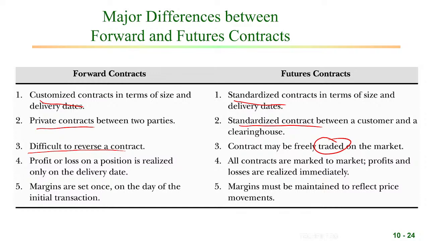And the profit or loss will be realized on the delivery date, whereas futures market is called marked to market. We'll talk about marked to market in a little while. And futures require margins, and there are two margins: initial margin and maintenance margin, whereas a forward only set once.